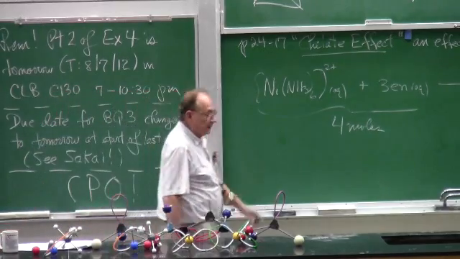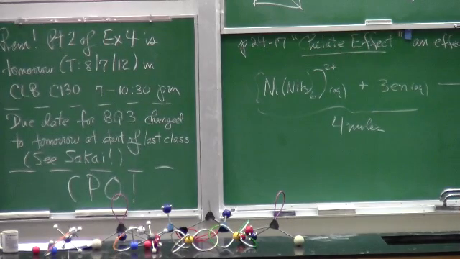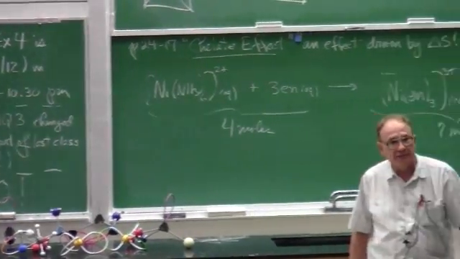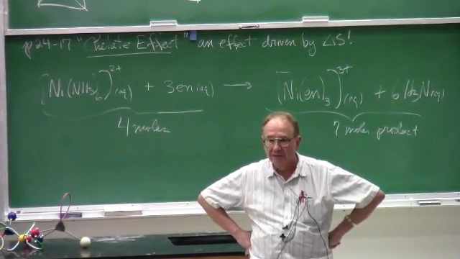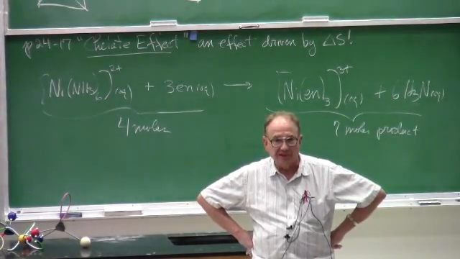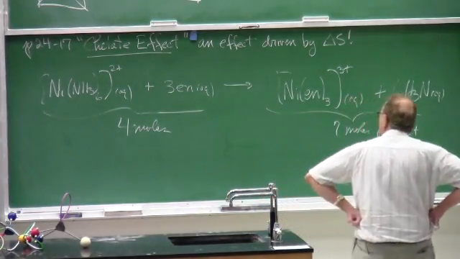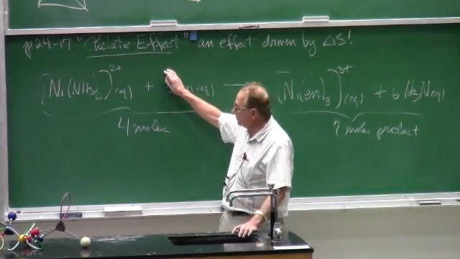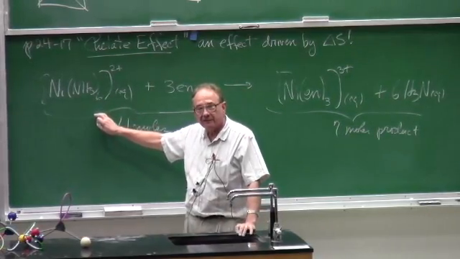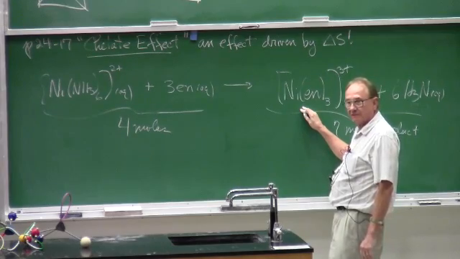So we took 4 times 6.02 times 10 to the 23rd particles in the system and turned it into 7 times 6.02 times 10 to the 23rd particles in the system. Does entropy like this change? You betcha. Entropy says, wonderful. And that's the thermodynamic driving force which underlies this so-called chelate effect, because in essence, the chelate effect is a case where you're taking monodentate ligands and replacing them in the first coordination sphere by polydentate ligands.